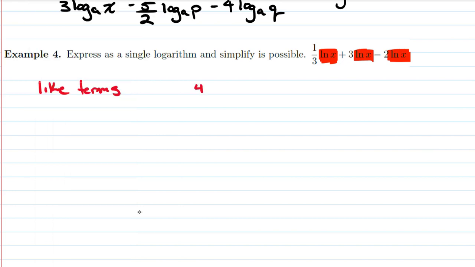So then I would have 4 over 3 natural logarithm of x. And that would express this as one logarithm. And if I wanted to now, I could use my power rule backwards. So that would be the natural logarithm of x to the 4/3, which would be the natural logarithm of the cube root of x to the 4th.